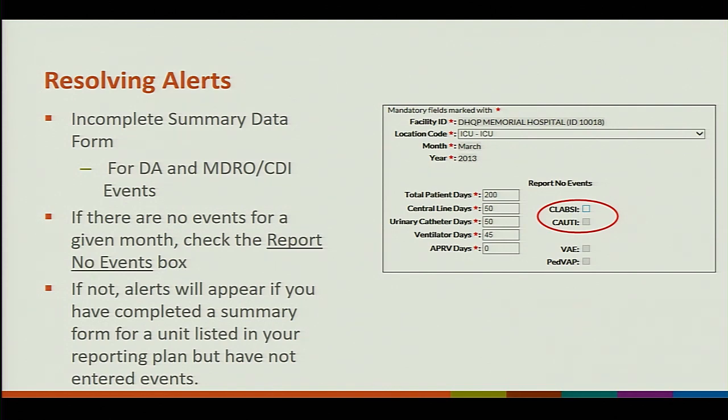But if you've gone back and verified that there wasn't an event to report for that particular month for CLABSI or the count, you can select it here, and that will clear that alert. However, if you do know that you have an event, you'd obviously have to move backwards and add that event to NHSN. That's another way for this incomplete summary record to be resolved and cleared.